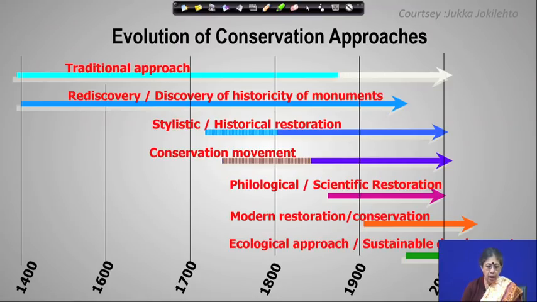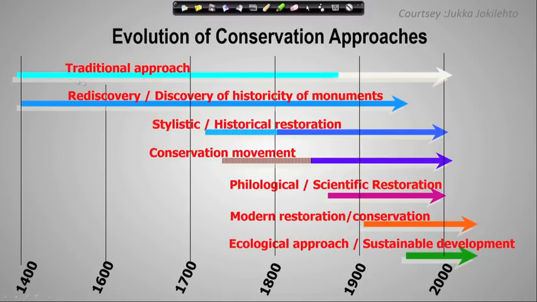This is a timeline that you can see. From the 15th century onwards to almost the middle of the 19th century, we see a traditional approach of conservation. This traditional approach is basically trying to keep the monuments in use.